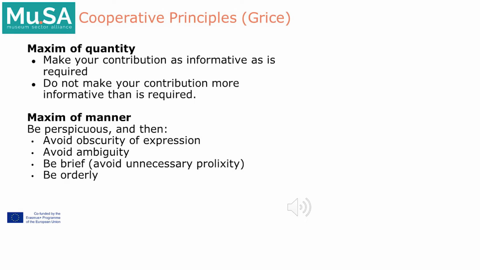Make your contribution as informative as is required. Do not make your contribution more informative than is required. Maxim of manner. Be perspicuous, and then avoid obscurity of expression, avoid ambiguity. Be brief, avoid unnecessary prolixity, be orderly.